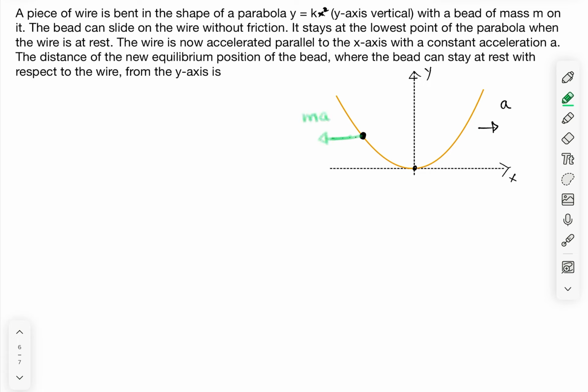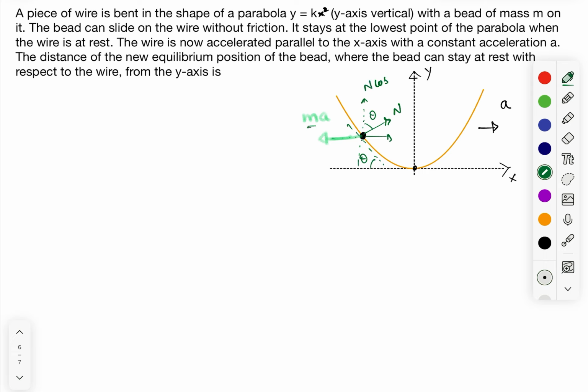Okay, so what will be the other forces? Assume that here it makes some angle theta. There will be a normal force N, and this is the pseudo force. Drawing the free body diagram, I have N at angle theta, with components N cos theta and N sin theta.